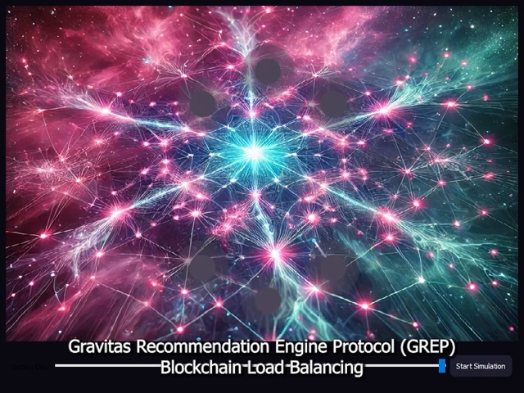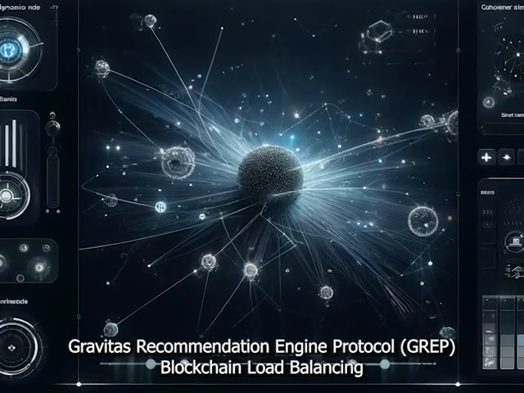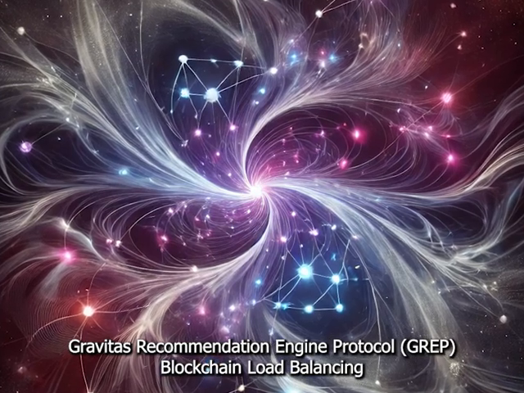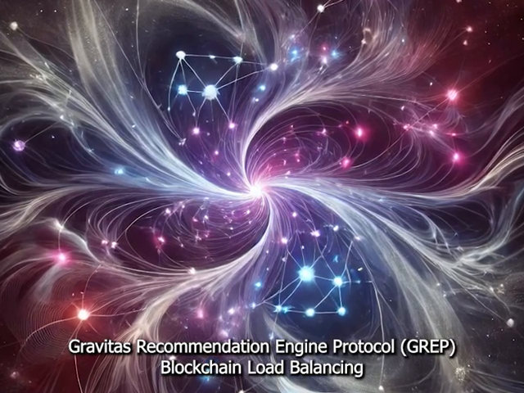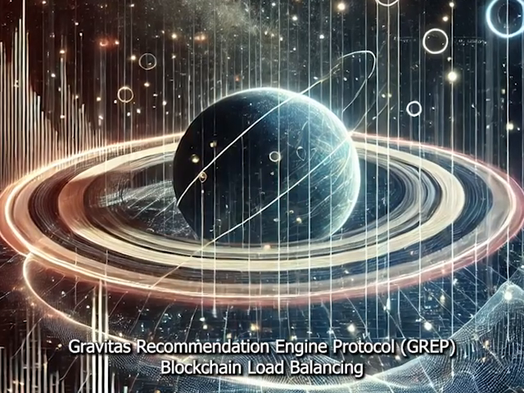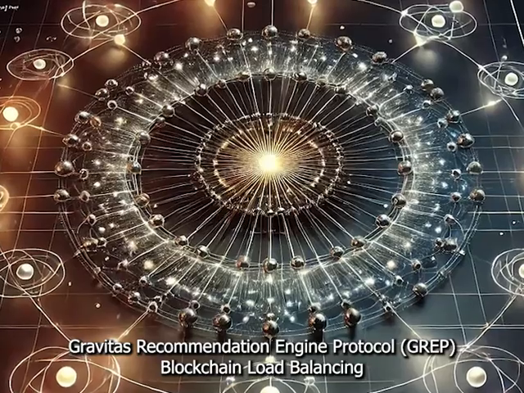At its core, GREP is a real-time simulation engine that applies principles of gravitational physics to decision-making and resource allocation. Instead of relying on static rules or predefined thresholds, GREP uses primary mass nodes, PMNs, and dynamic nodes, DNs, to create a self-balancing system.